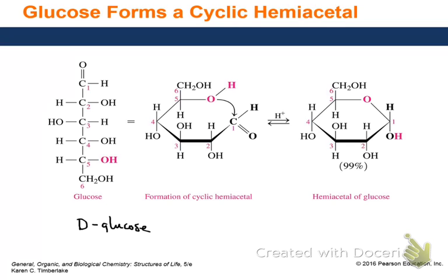The other version of this is L. L stands for left, and D stands for dextro, which is right. In the Lewis structure for D-glucose, the way we draw these, this is on the right-hand side. That's D-glucose. And then it's kind of like right, right, left, right. That's how you recognize it.